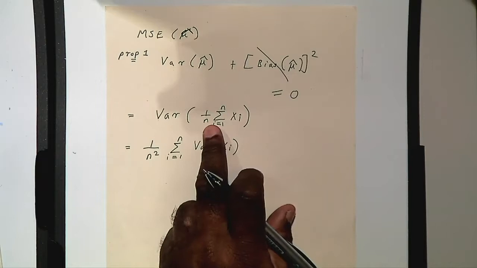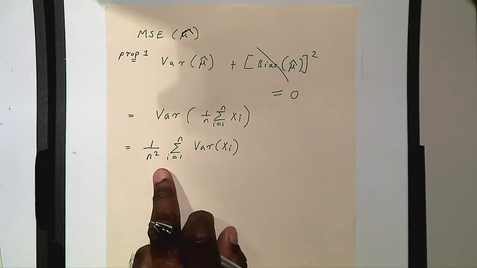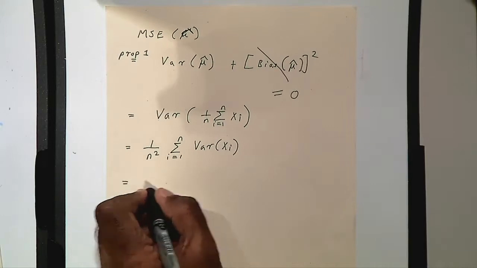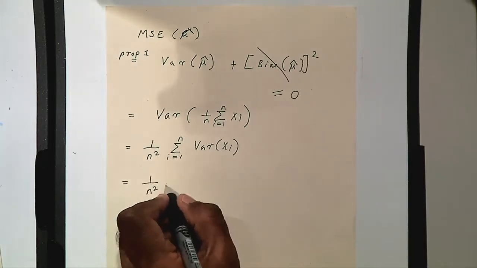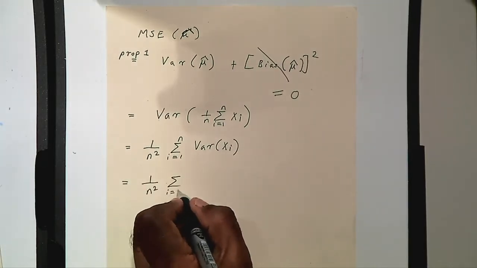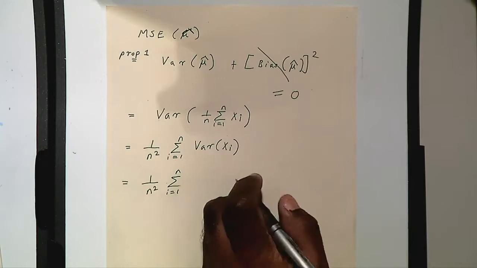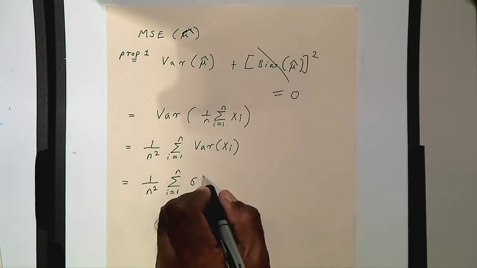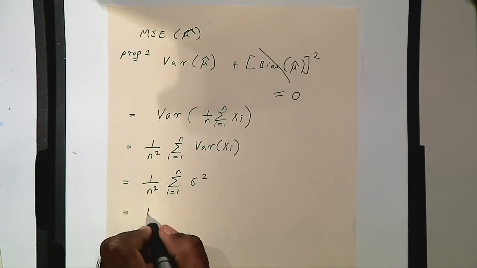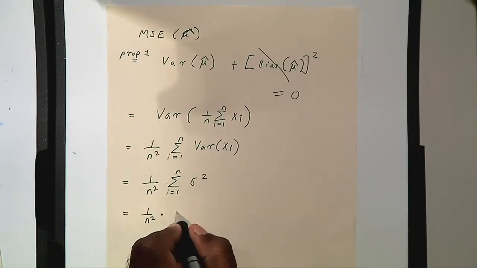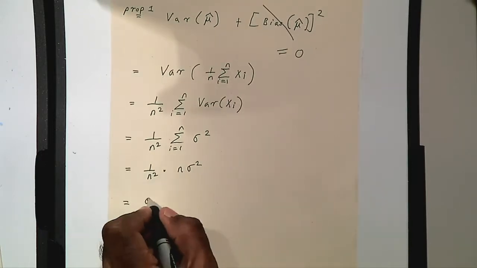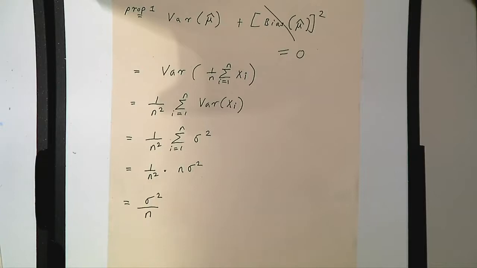So when you pull the n outside, it becomes the square of n, right? Now the variance of xi is what? Xi is normal with parameters mu and sigma squared. So the variance is sigma squared. So this becomes sigma squared divided by n.